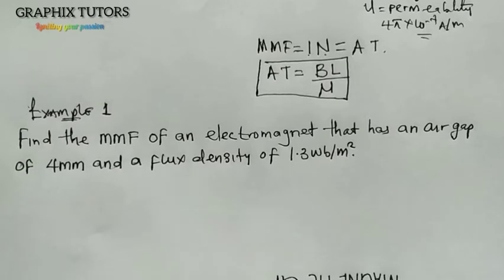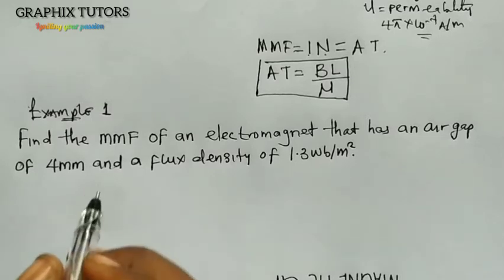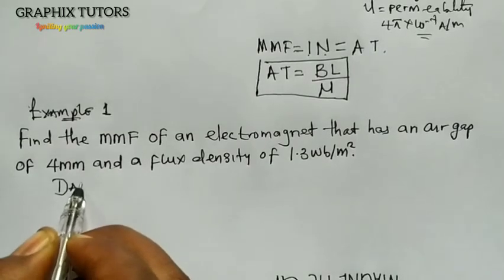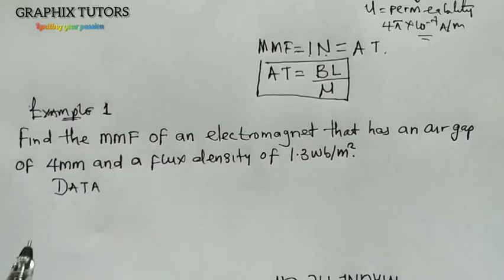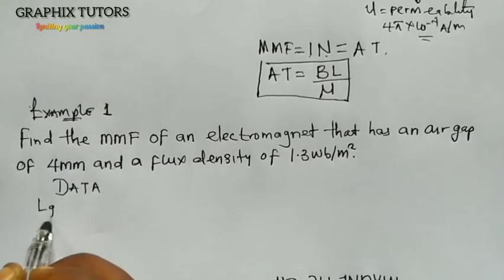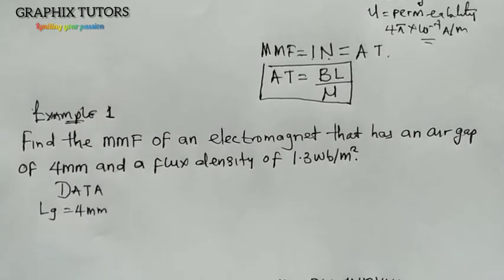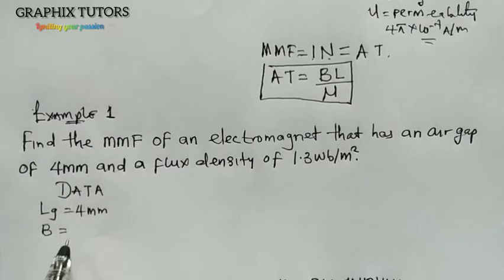Like I've been telling you in my previous video, whenever you see calculations like this, the first thing is to write out your data or parameters. So my data given: the air gap, we'll call it LG, is given as 4 mm, right? And also we are given the flux density B to be given as what?